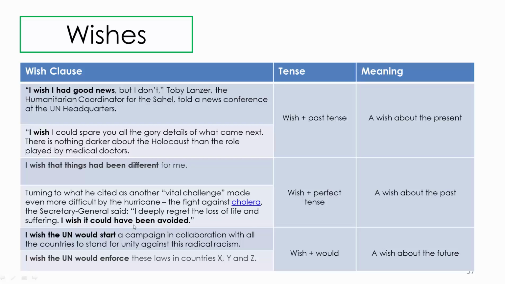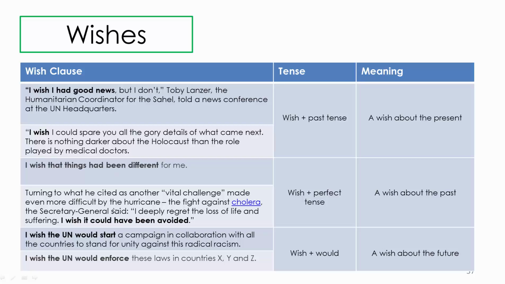I wish it could have been avoided in the past. But notice here, because we use the modal, the form's a little bit different. Don't think this is present perfect. It's just modal with the perfect form. Okay? So you have the two ways here, depending on if you're using a modal, plus have and the past participle. And if you're not using a modal, then you just want to use the past perfect.